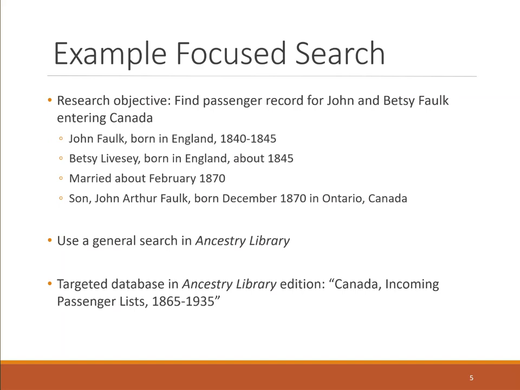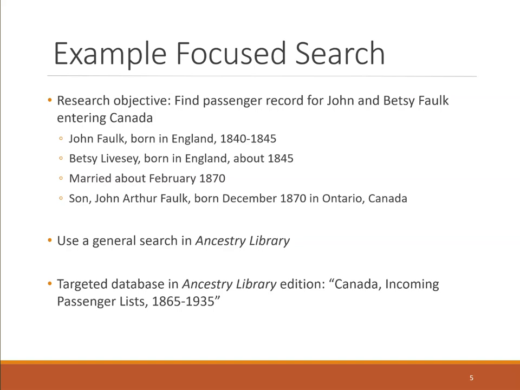This first one is about John Falk, who married Betsy Livesey. They were both born in England, in the 1840s to 1845s. They married in February 1870, and then I know that they had a son born in Ontario, Canada in 1870.